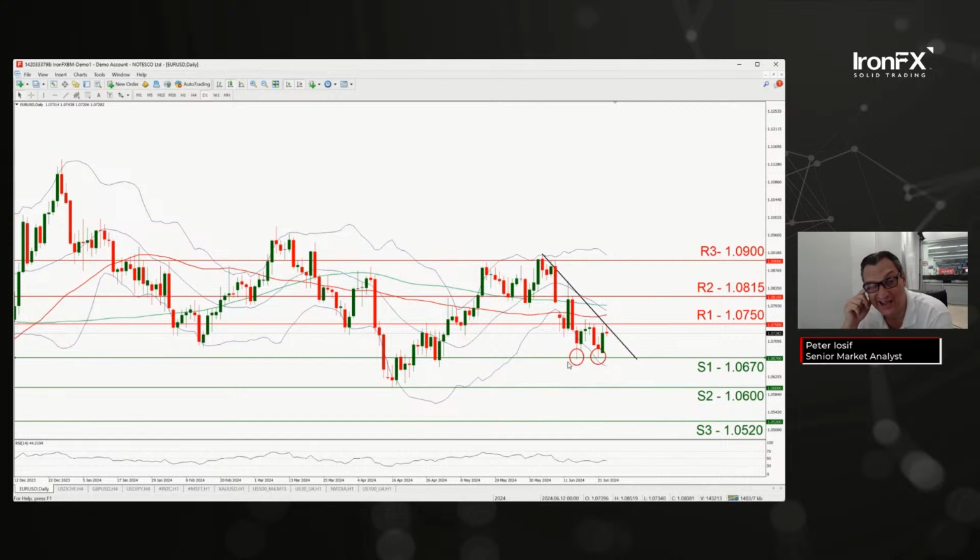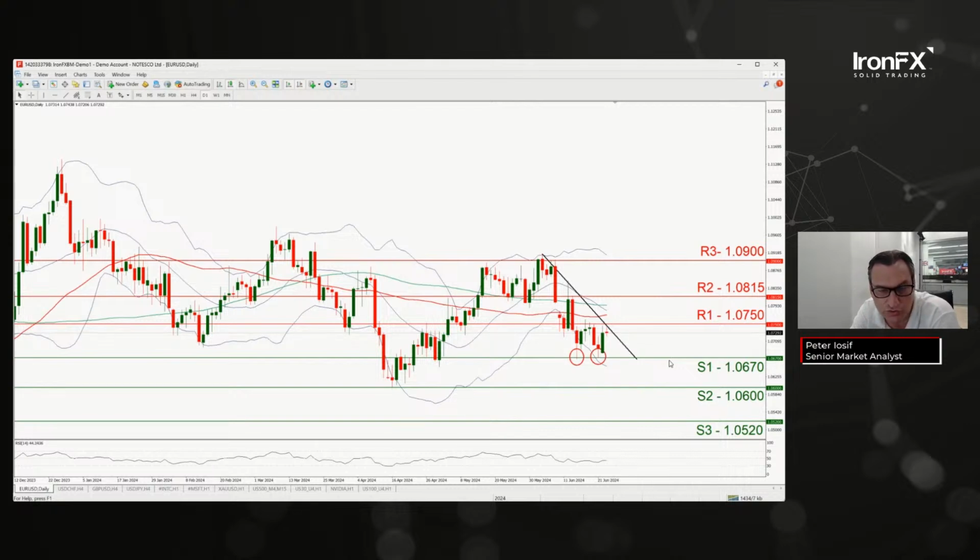And that tends to highlight, I wouldn't say it's a W formation, but it definitely shows a difficulty on behalf of the pair to form lower lows and break the S1 1.0670. That's something which may force the pair's price action to stabilize, and should that be the case, we may see the price action actually breaking the prementioned downward trend line and remaining within the corridor set between the R1 and the S1.